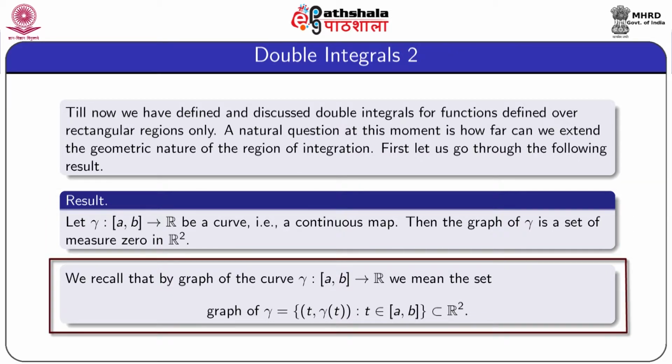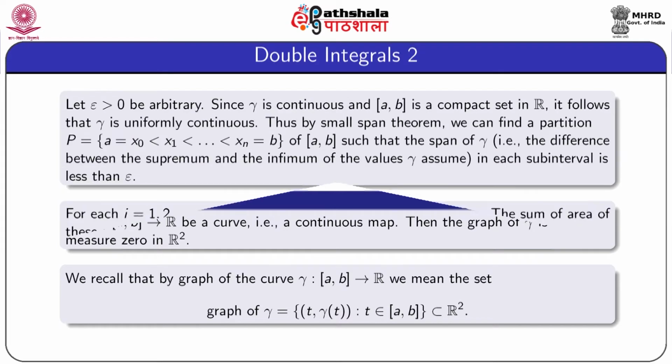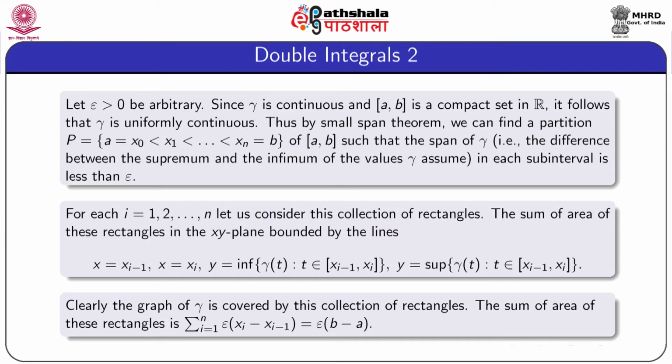First, we recall that by the graph of the curve γ from [a,b] to R, we mean the collection of all ordered tuples (t, γ(t)) where t runs over [a,b]. Now, let ε be an arbitrary positive number. Since γ is continuous and [a,b] is a compact set in R, it follows that γ is uniformly continuous. Thus, by the small span theorem, we can find a partition P of [a,b] such that the span of γ in each subinterval is less than ε.